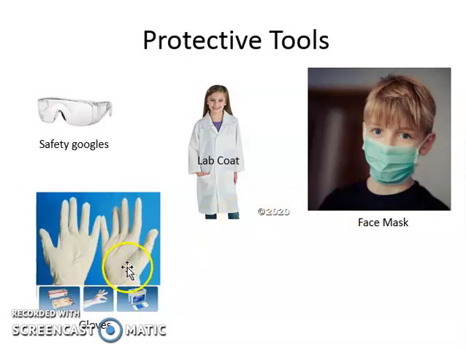Hand gloves are also very important, especially when you are touching dirty objects, bacteria, and other objects that you cannot see that are harmful to your body. So this is very, very important when you are doing an experiment. I will continue this video in the next part.